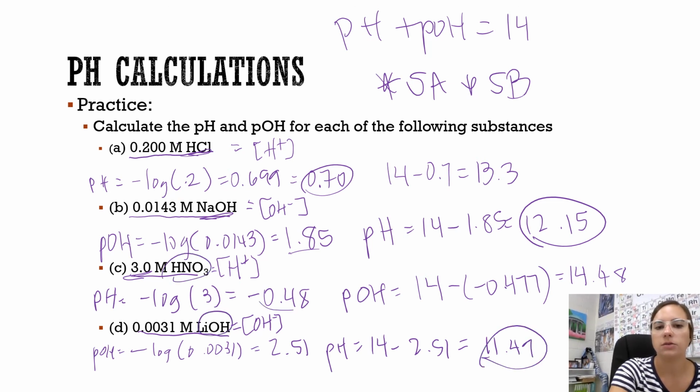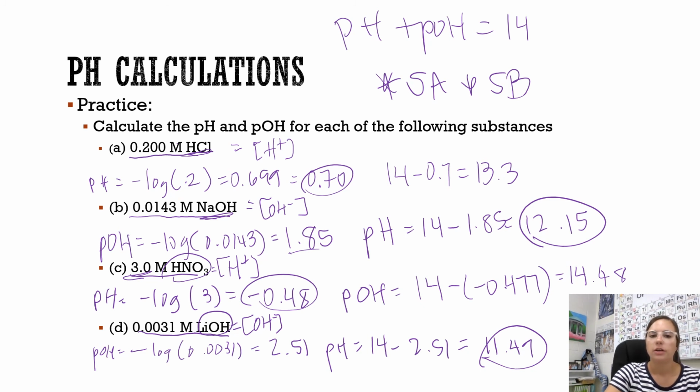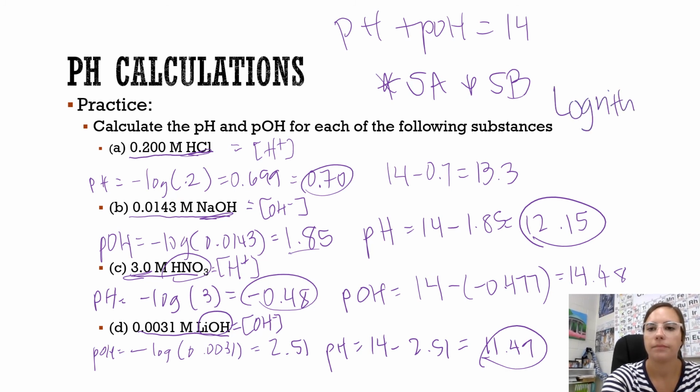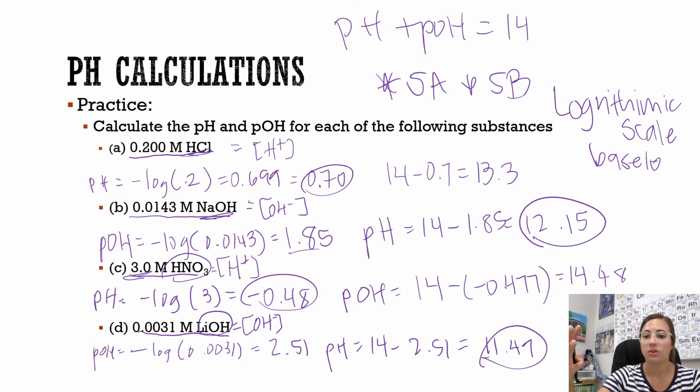This is an acid, so we expected a small pH. Something else to remember is that because pH is a logarithmic scale, and it's base 10, any change of one unit is going to be tenfold. So from a pH of 1 to a pH of 2, we're actually changing tenfold in our concentrations.